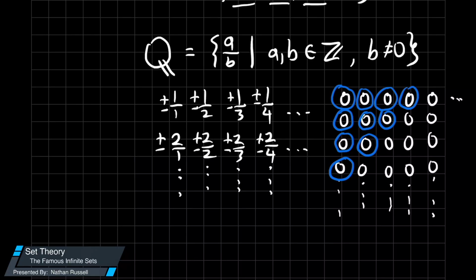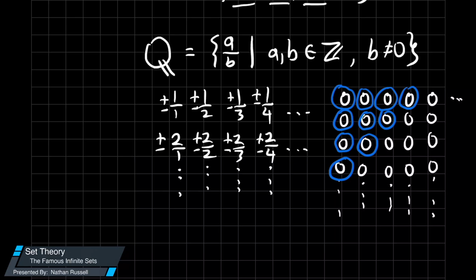Notice that I would iterate through all those fractions of integers, positive and negative, by simply working through this grid along the diagonals. So effectively, I'm showing you that I could enumerate in a sequence all the rational numbers as countable numbers. I could label them 1, 2, 3, 4, 5, 6 using this construction.